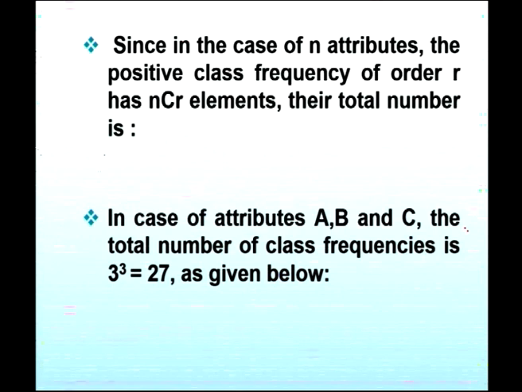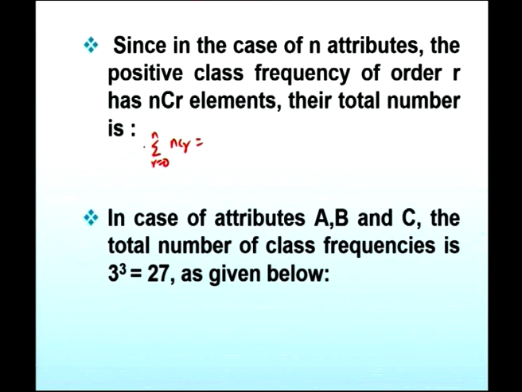Thus, in the case of n attributes, the positive class frequency of order r has nCr elements, their total number being summation r equal to 0 to n of nCr. This we have to expand, because the positive class frequency of order r has only nCr elements. When we talk about the total class frequencies, then we have to talk about 2 symbols, possession and non-possession.